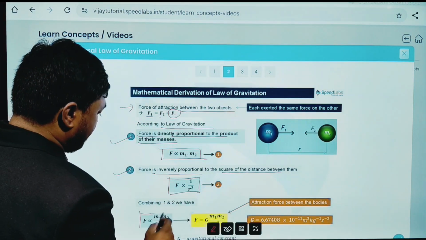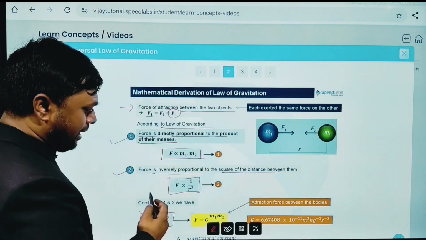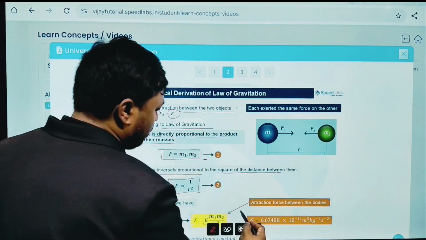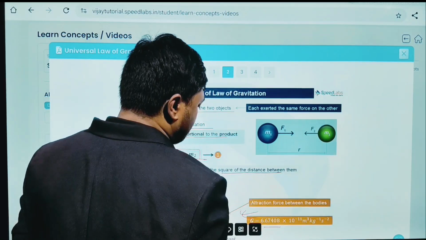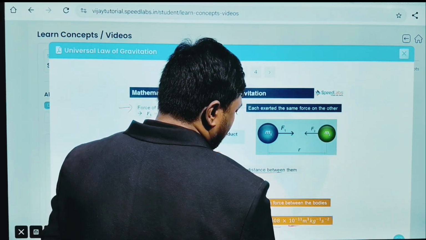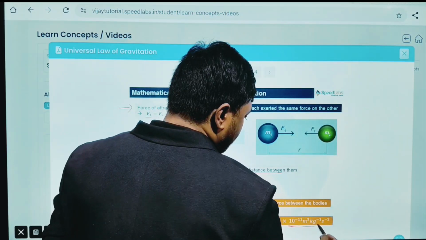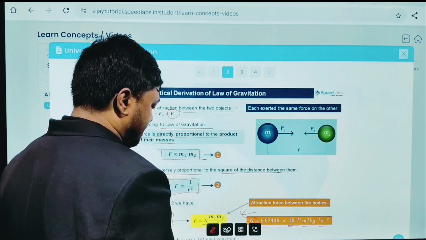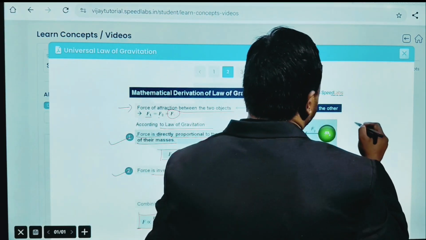Combining, we can write F proportional to m1 m2 by r square. When you remove the proportionality, you have to put a constant. Just now I told you G is the universal gravitational constant. That value is 6.67 into 10 to the power minus 11, meter cube per kg per second square also we can say. How can we say this? Now try to understand.